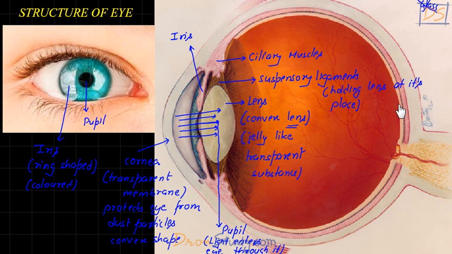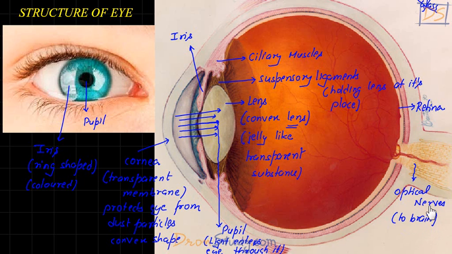Now look at this structure here, students. This wall-like structure at the back of the eye is again a very important part of the eye, and this is called the retina. Now you can see this is a nerve, right? So this is called the optical nerve. It goes to the brain.